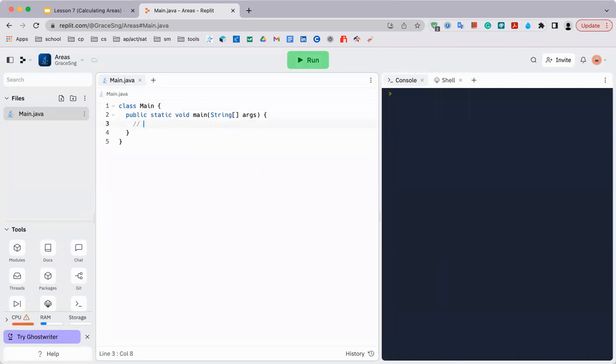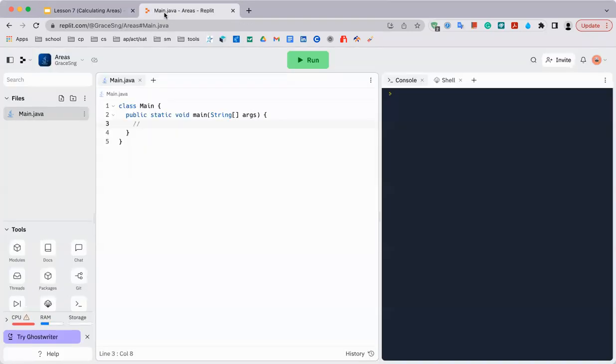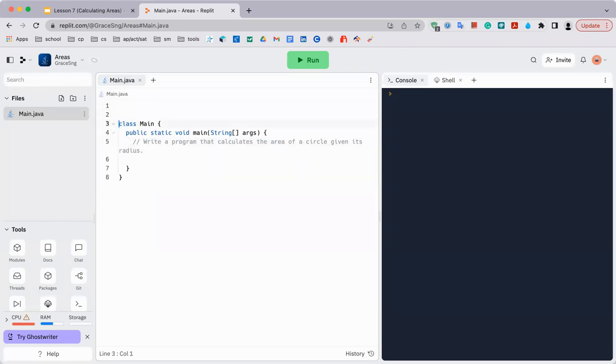All right, so first let's think about what this problem wants. So we're going to be given some radius, and then we want to calculate the area of a circle given that radius. So that means for the input, we'll want to read in the radius.